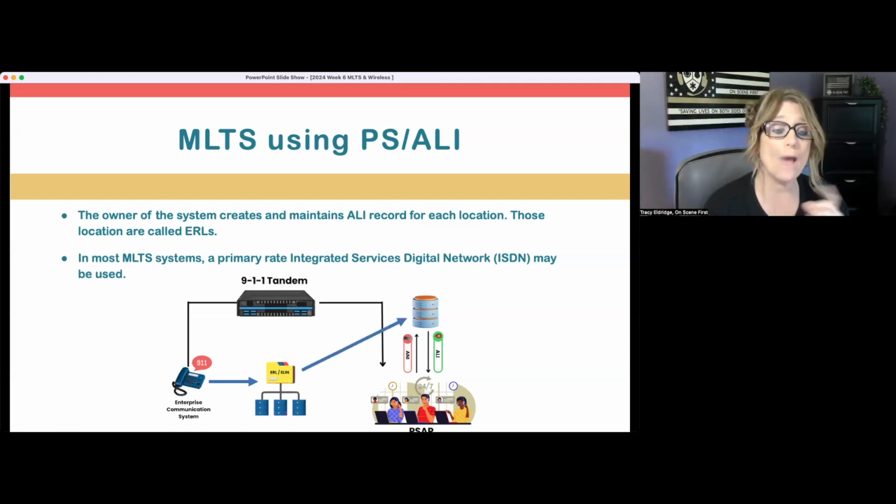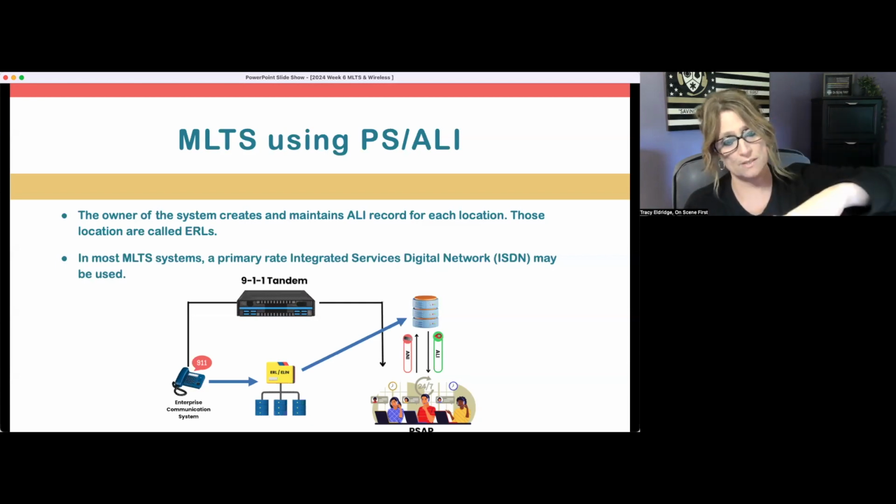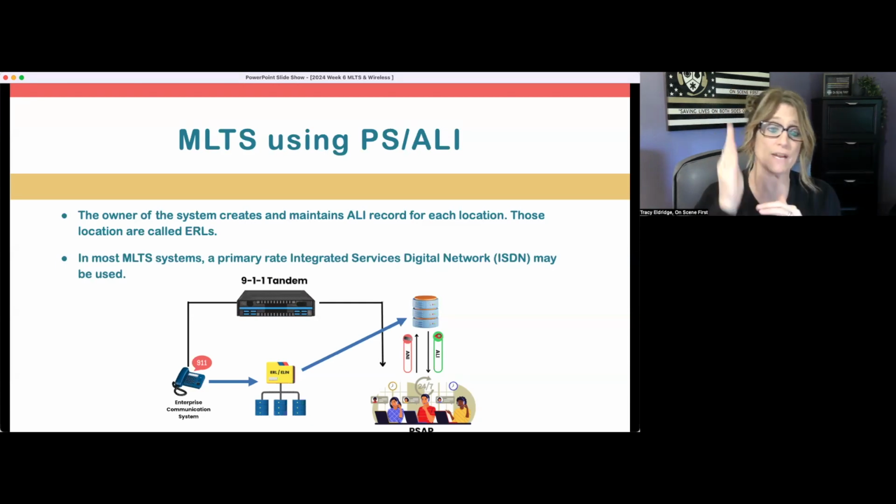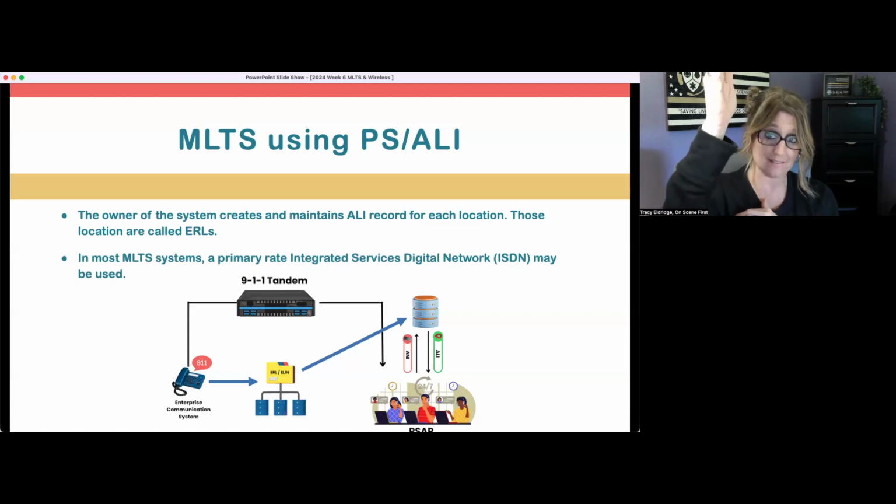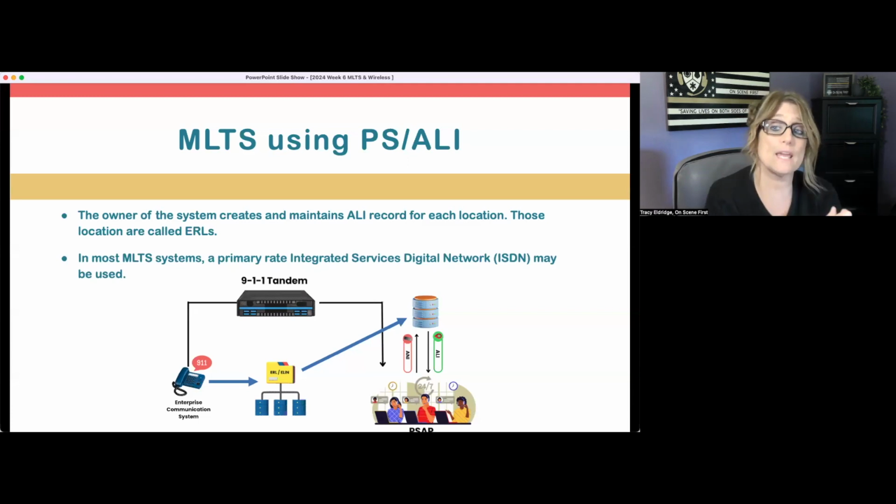We have to get that over to the ALI database at the same time as the call's going through the system. Because when that ANI query gets to that database, I want to make sure that exact location within the location gets sent to the PSAP.